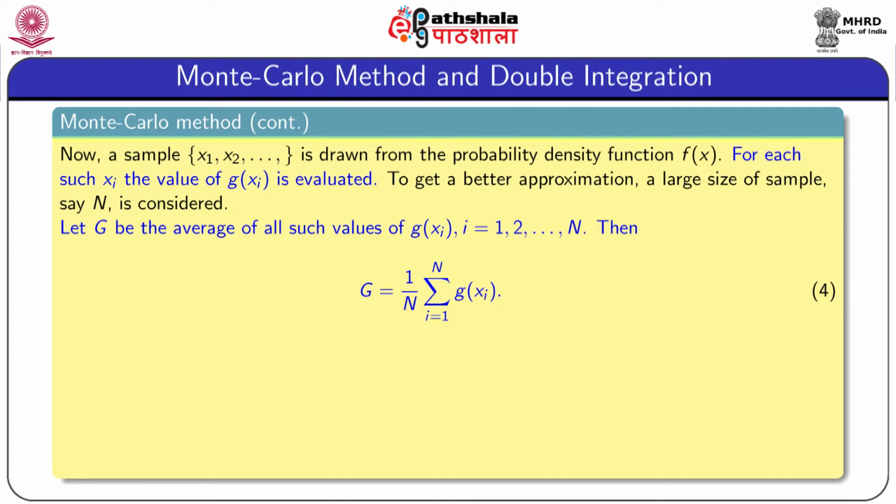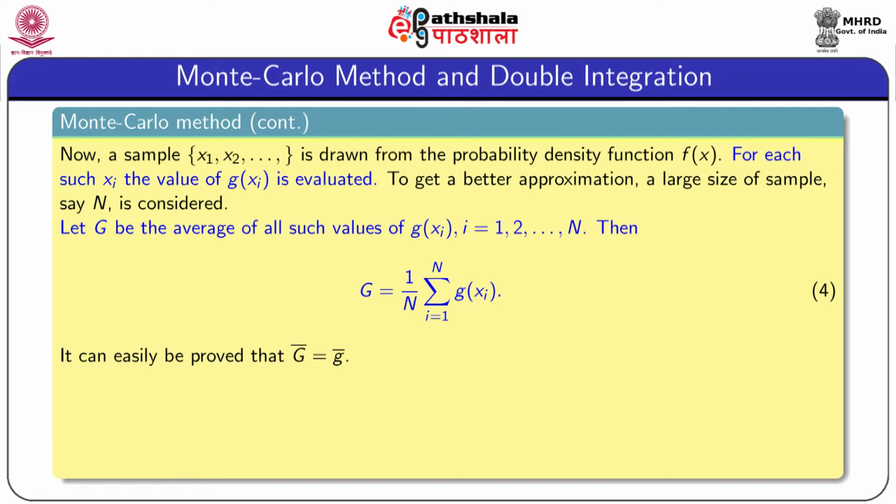Let capital G be the average of all such values of g(xi), where i equals 1 to N. That means g(xi) is calculated for each sample value and then we calculate the average of such g(xi), and this is denoted by capital G. That means equation 4 is obtained as capital G equal to 1 by N summation i equal to 1 to N g of xi.